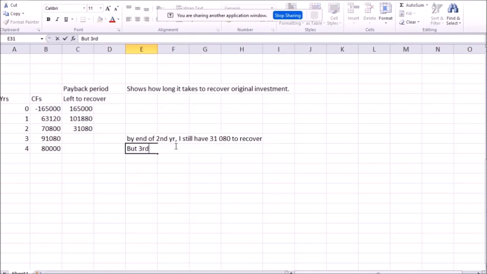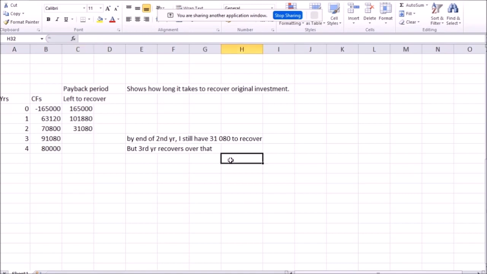But the third year, the next year, recovers more than that. So I don't need that whole third year to recover only 31,000. I only need a fraction of this third year to recover the remaining 31,000.